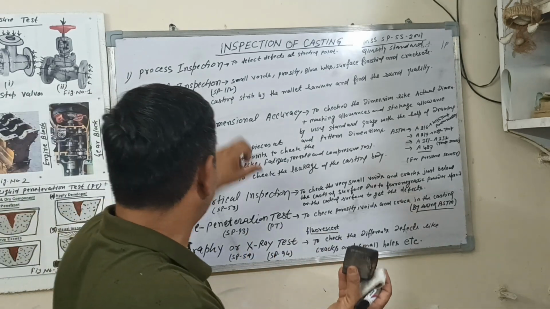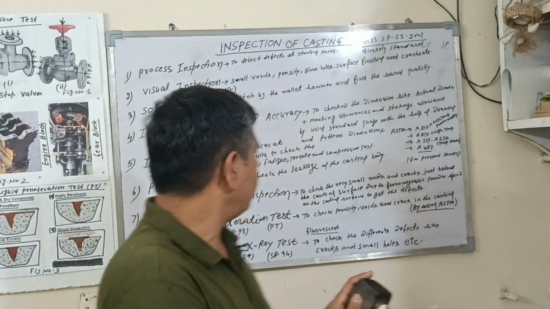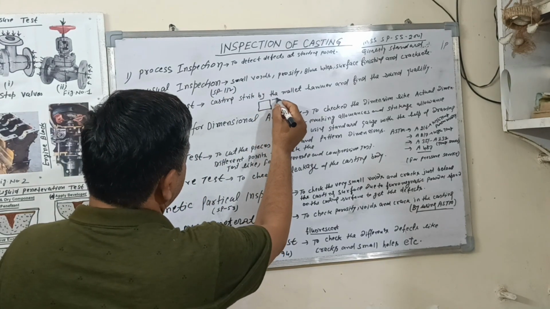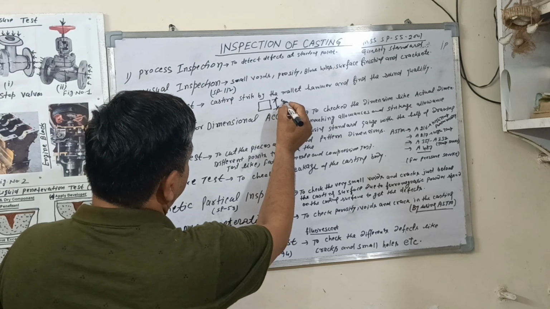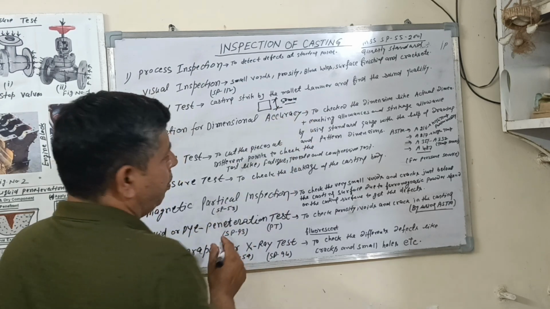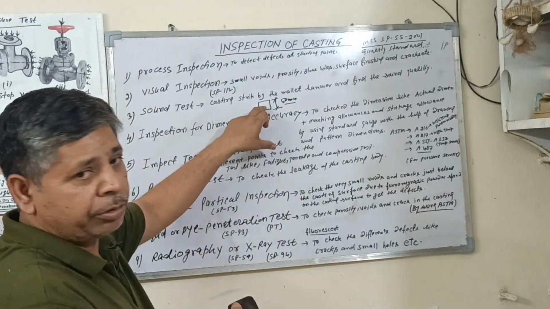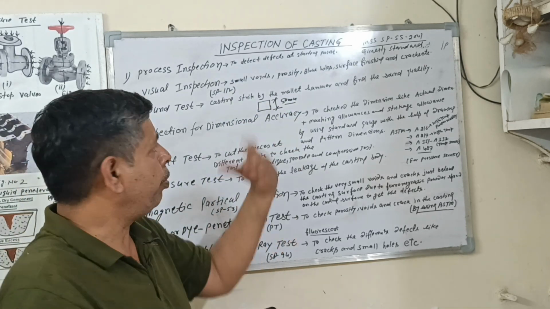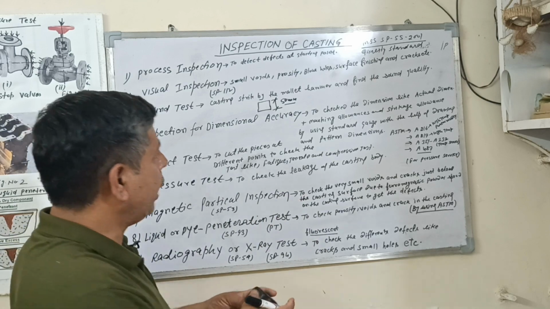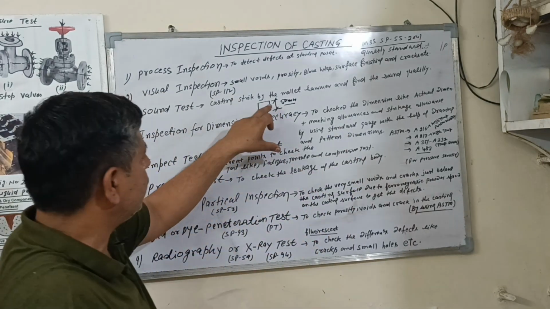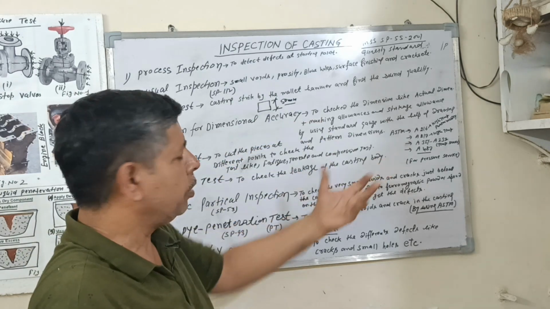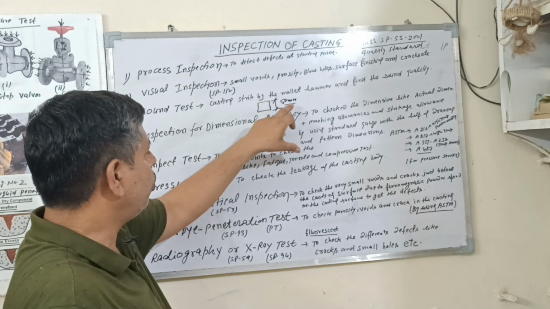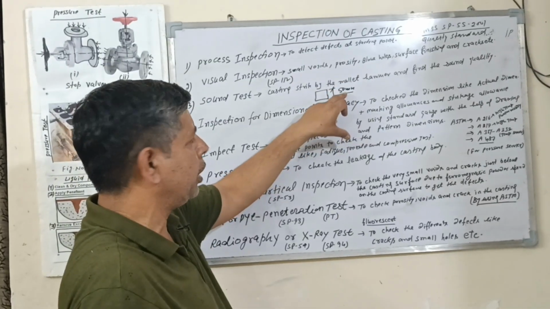Fourth is inspection of dimensional accuracy. Dimensional accuracy means, if you want to make a component like this, in the drawing this is a 50 mm dimension. So how do you make it? Some allowances are provided on the pattern to get the same component. Three points are included in the dimension to make the actual dimension, and those are indicated in the drawing.